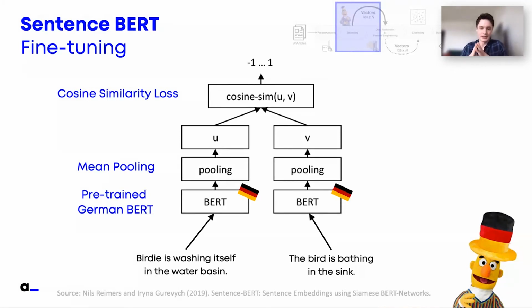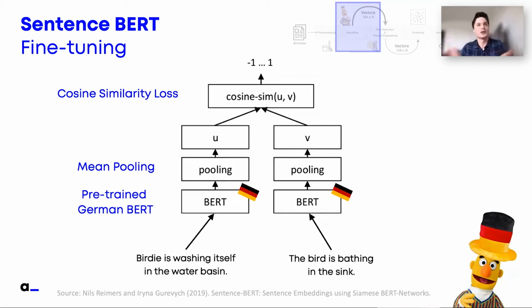Lastly, in the final step, these sentence vectors are fed to a cosine similarity function that measures the distance of these two vectors and compares this distance score with a true label. In order to maximize that distance for dissimilar pairs, we use something called cosine similarity loss, which penalizes the model in case the cosine similarity for our pairs is too big, or too small in case we're talking about two different sentences.